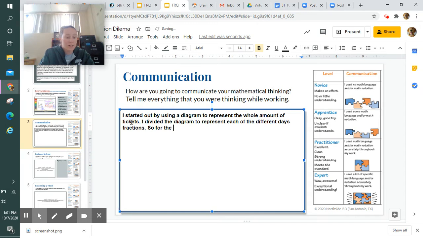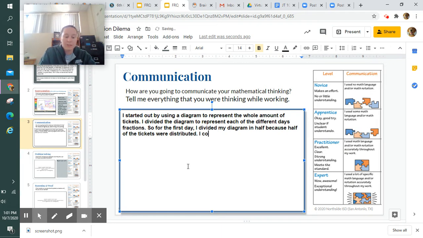So for the first day, I divided my diagram in half because half of the tickets were distributed. Okay. That's why I divided it in half.